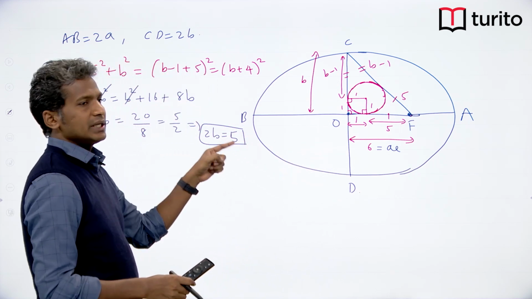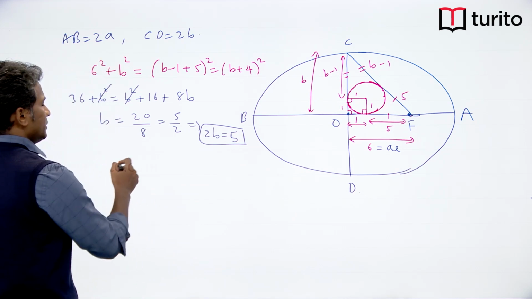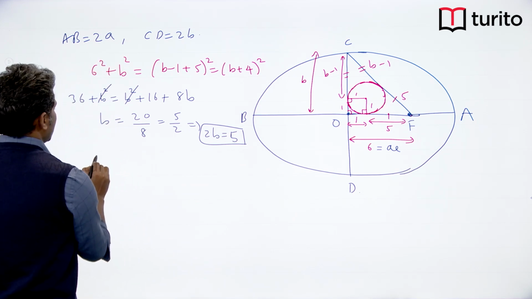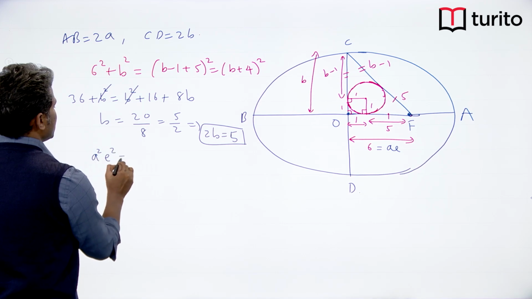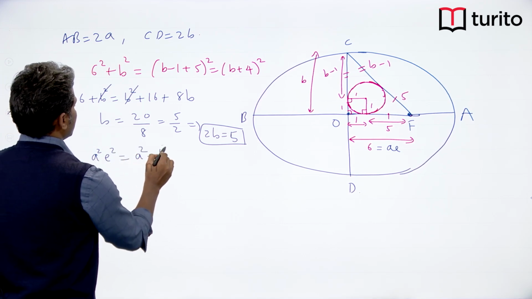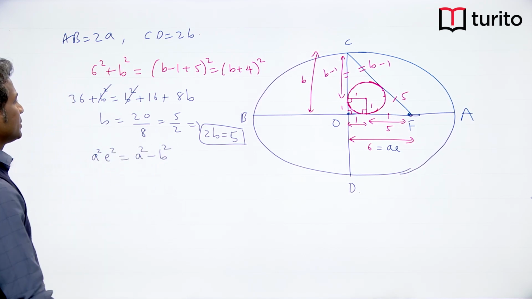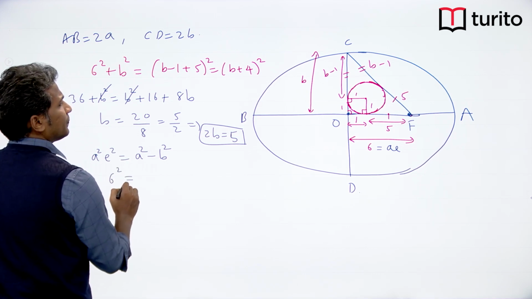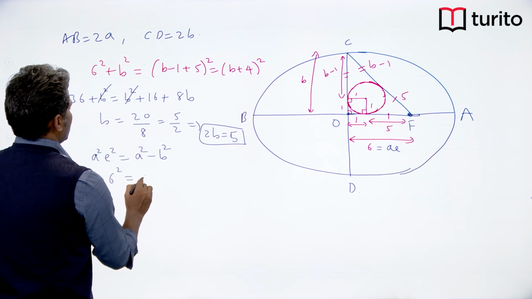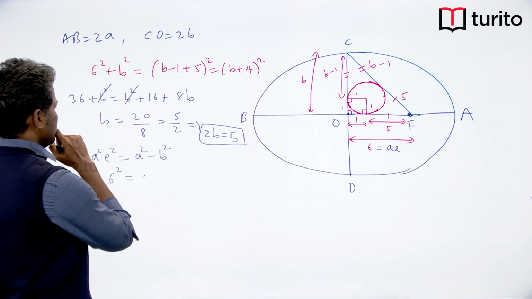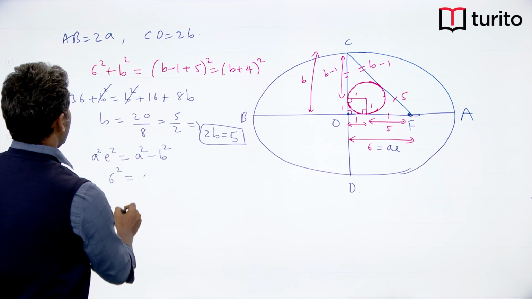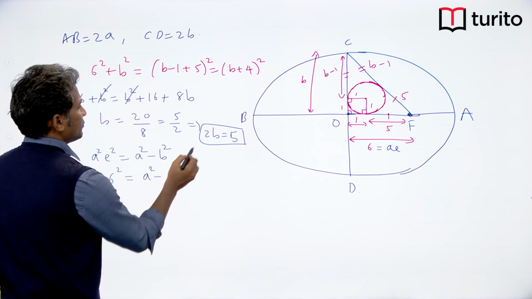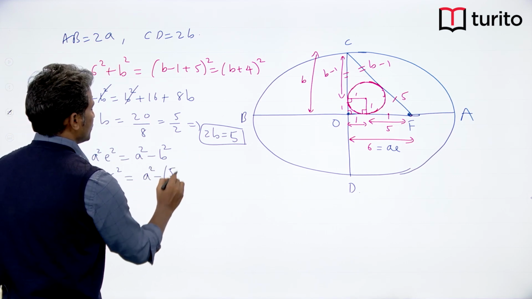If AE is 6, then we can say that A square into E square is nothing but A square minus B square. So, 6 square is equal to A square minus B square, where B is 5 by 2 whole square.